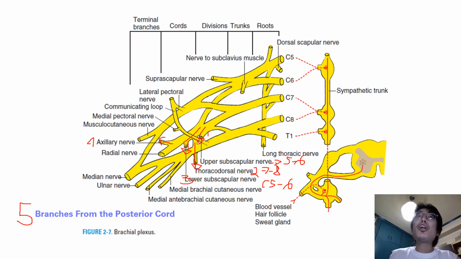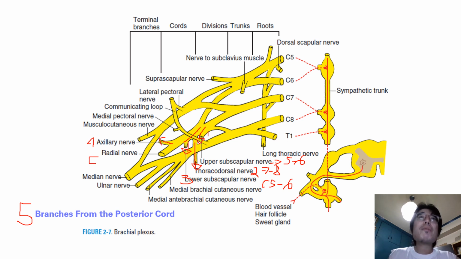The axillary nerve passes posteriorly through the quadrangular space accompanied by the posterior circumflex humeral artery, and it will wind around the surgical neck of the humerus, which is why, should there be a fracture of the surgical neck of the humerus, the axillary nerve may also be compromised.